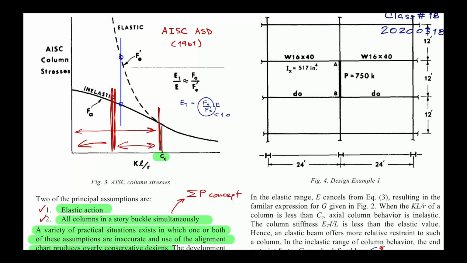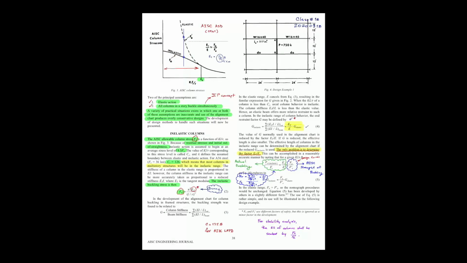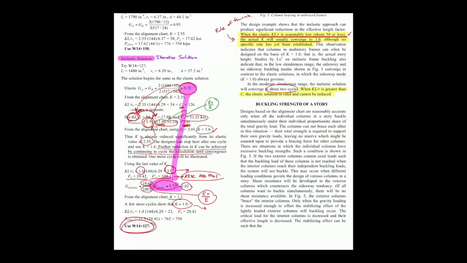In this range, it's going to take you quite a few iterations to get convergence. It will converge faster because the difference between FA and FE is not that large, like in the zone where you have KL over r less than 50.